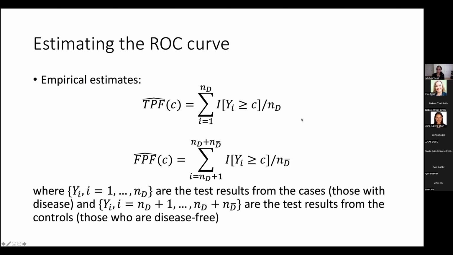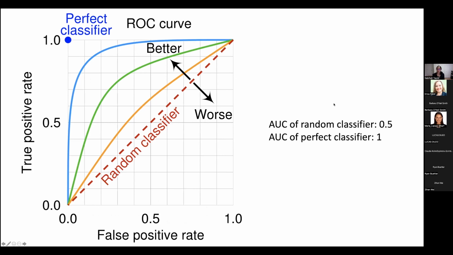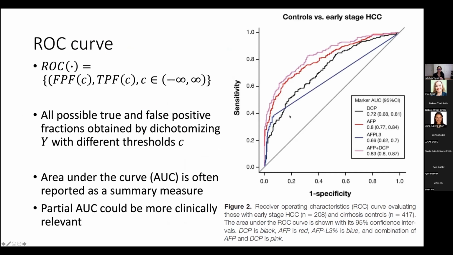Most of the time, when I'm evaluating a biomarker, I want to know what is the context in which I'm applying this biomarker. So for example, in this context of HCC early detection, the existing biomarker is AFP. When I want to evaluate a new biomarker, in this case DCP and AFP-L3, I'm comparing it to AFP.